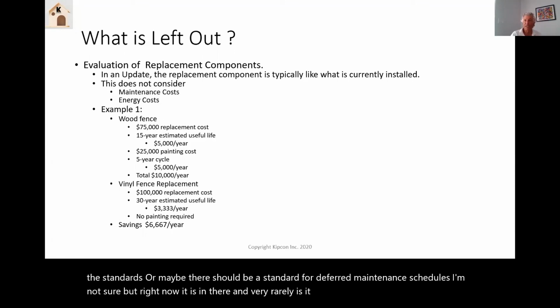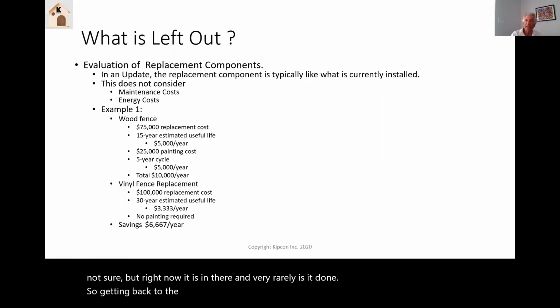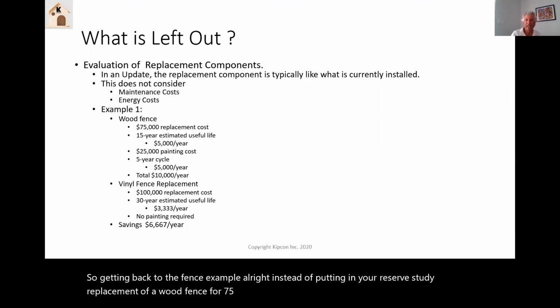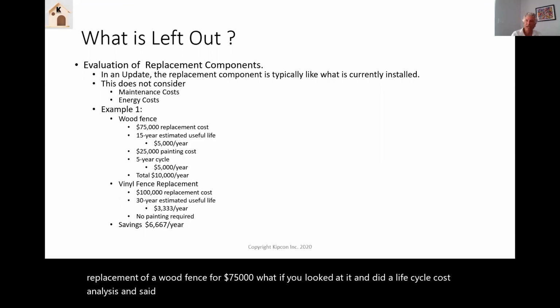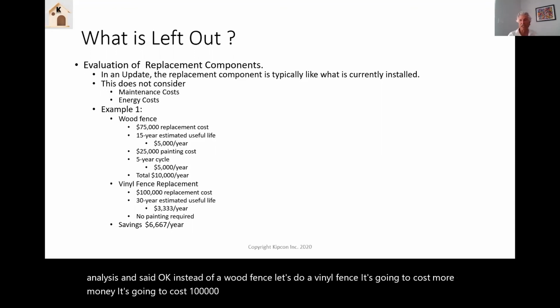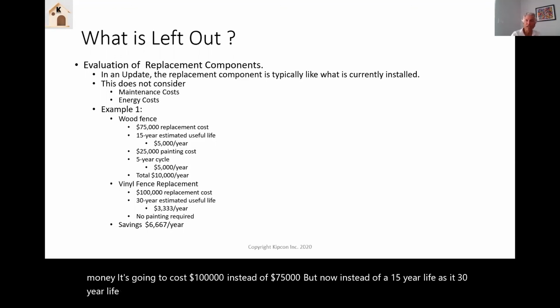So now getting back to the fence example. All right, instead of putting in your reserve study replacement of a wood fence for $75,000, what if you looked at it and did a life cycle cost analysis and said, okay, instead of a wood fence, let's do a vinyl fence. It's going to cost more money. It's going to cost $100,000 instead of $75,000. But now instead of a 15-year life, it has a 30-year life, and it's $3,333 a year.